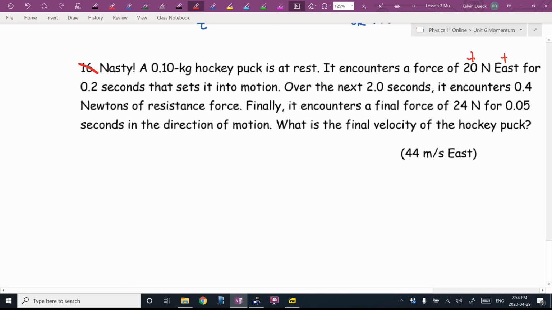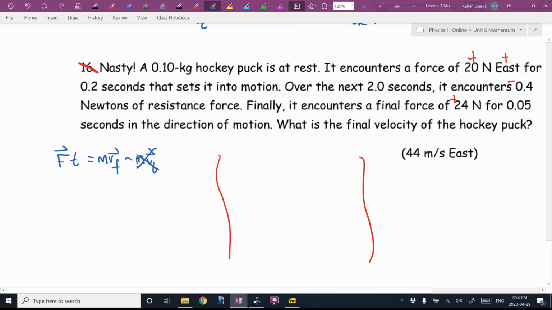Resistance force, so this is going to be negative. Finally, it encounters a final force in the direction of motion, so that's going to be positive. What's the final velocity of the puck? So it looks like we have three sections. Initially at rest, I want to find V final. I think I can go like this. Force times time equals mv final minus mv initial. In this case, since v initial is 0, it's just going to cancel out.